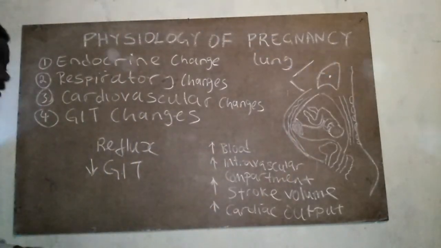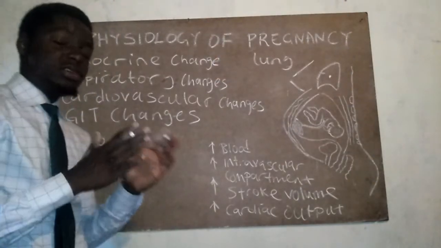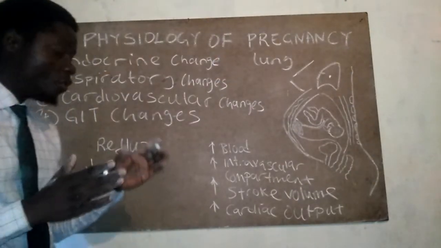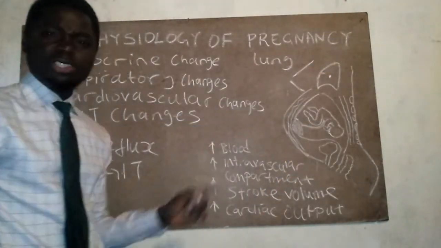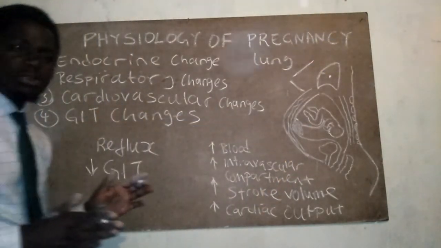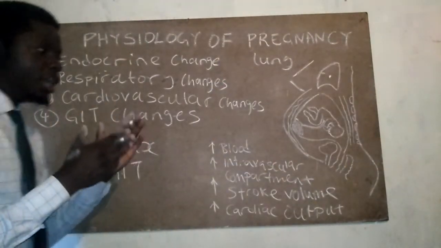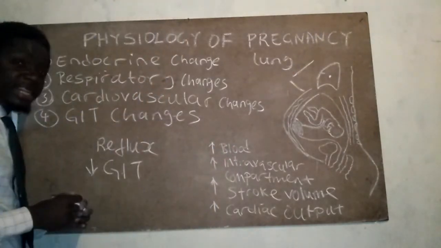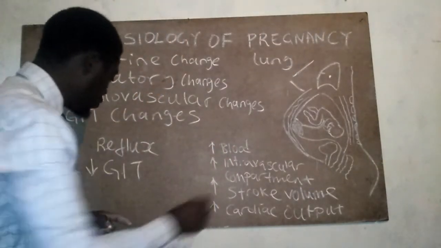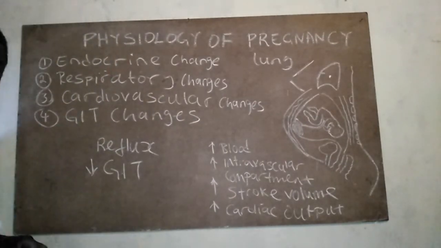And as well as that, as a result of progesterone, the muscles are going to be relaxed, and that's going to reduce blood pressure. And once those muscles are relaxed, there's going to be reduced motility.